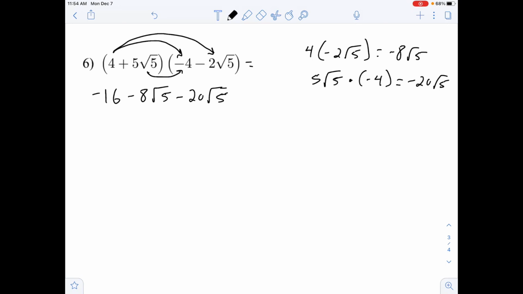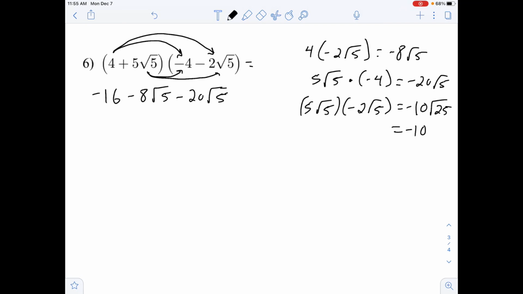And then we have the last, 5 square roots of 5 times negative 2 square roots of 5. So with this one, if you multiply a radical times itself, you just get what's inside. So this 5 times negative 2 is negative 10. And then the square root of 5 times the square root of 5, which I understand is the square root of 25.